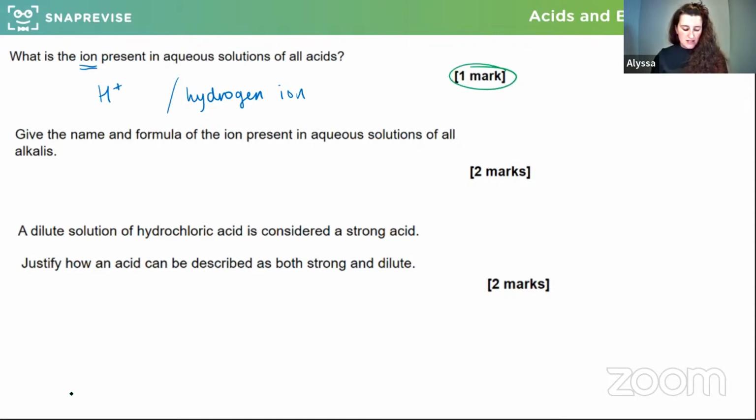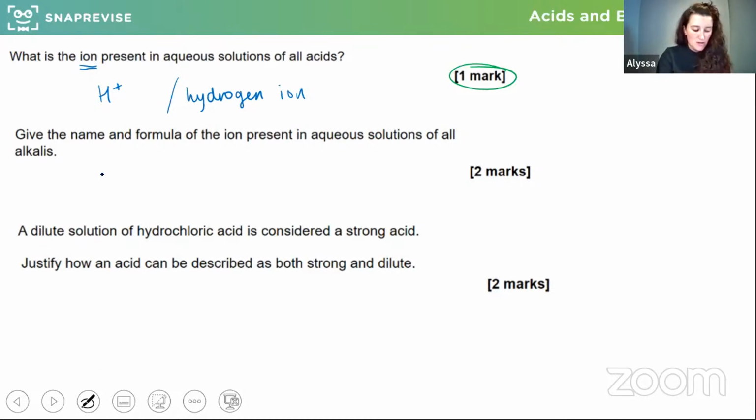Lovely. Then it says, give the name and formula of the ion present in aqueous solutions of all alkalis. So what is the name and formula, 2 marks here, of the ion present in aqueous solutions of all alkalis? If it's an alkali, what's it got in it? And what do we call that thing?